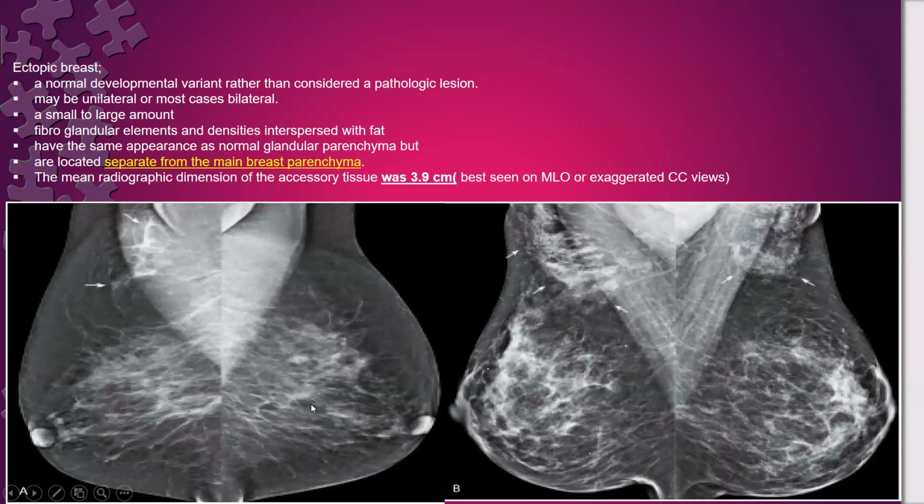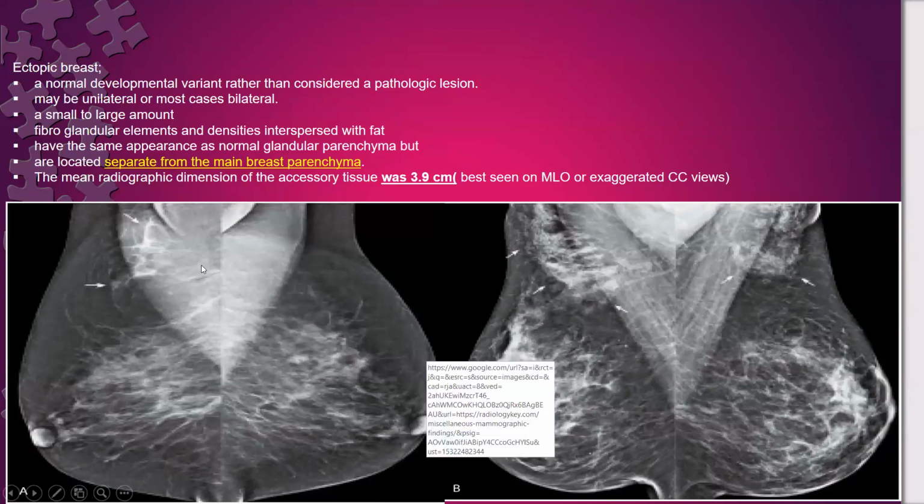There is an area resembling glandular tissue of the breast projecting over the right axilla, representing an accessory breast on the right side. Here it is bilateral, while here the other axilla is free, so it is unilateral.